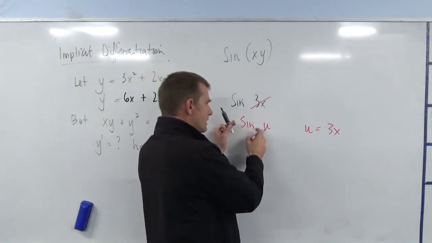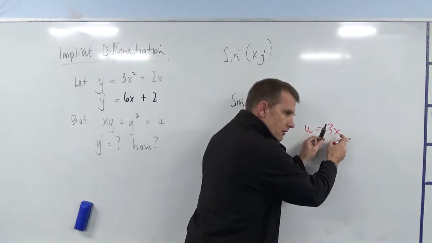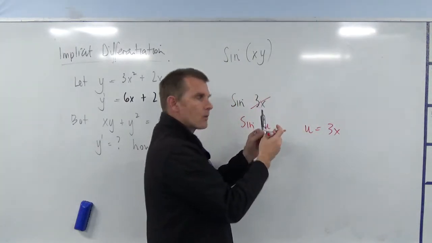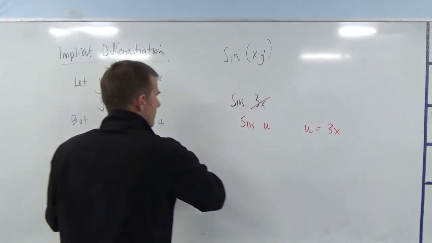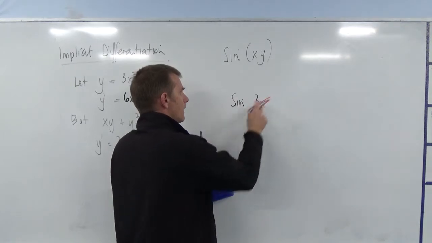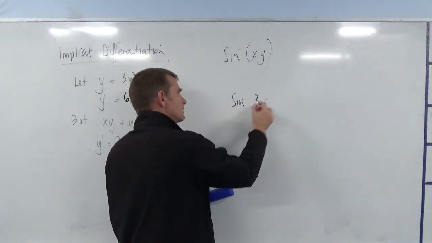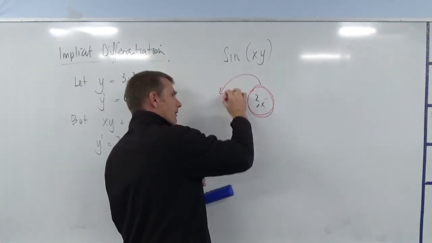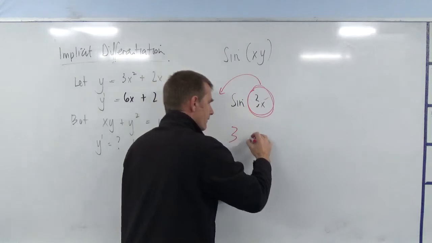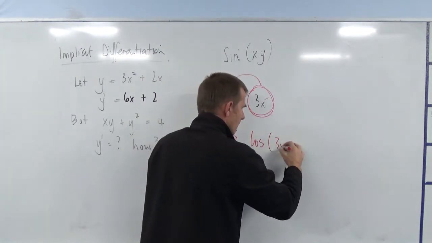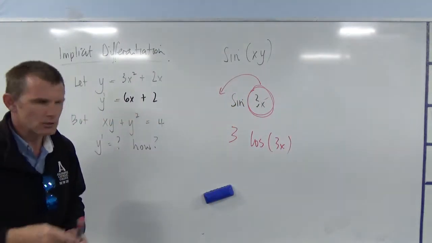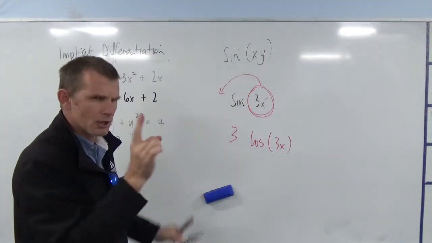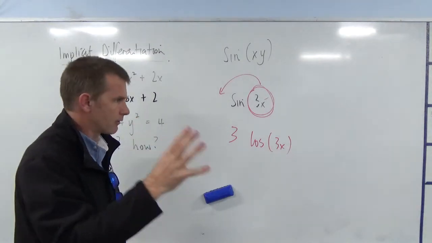I can work dy du and du dx and then multiply them together. Or I can remember my rule and I can say, well, hang on, if that's the case, I need to take the derivative of that and throw it out the front, derivative there, and end up with that. So I've got to think, hang on, there's more than just sine going to cos.